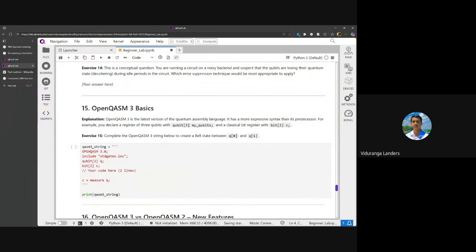So OpenQASM is something like assembly that we have today. I mean, assembly is actually device specific. If we look at it from, let's say, a classical computing perspective, x86 or ARM assembly and all that are very different. But if you look at RISC-V or something, then there are some similarities. But I mean, the standard is that there is some kind of a language that you can translate everything down to.